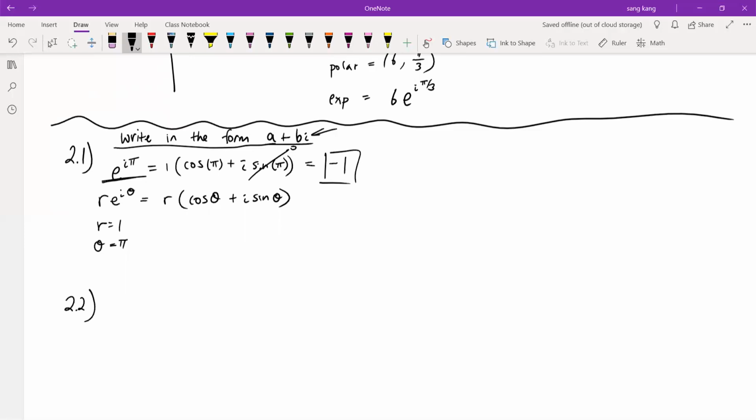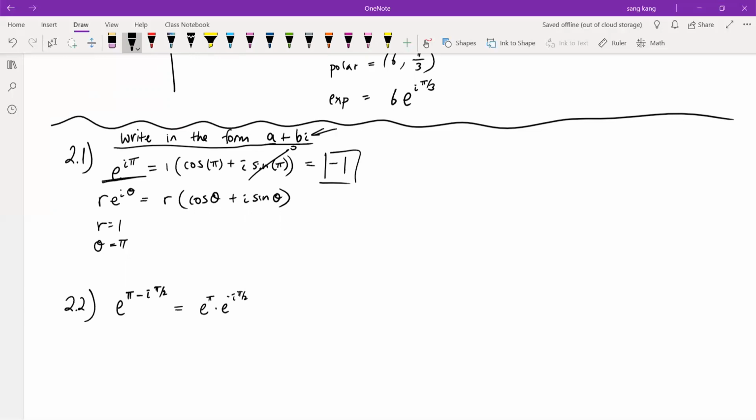2. Let's say we had e to the pi minus i over 2. This is all in the exponent, all in the power. We can rewrite this expression as e to the pi times e to the negative i pi over 2.